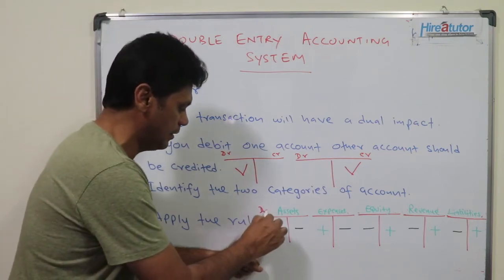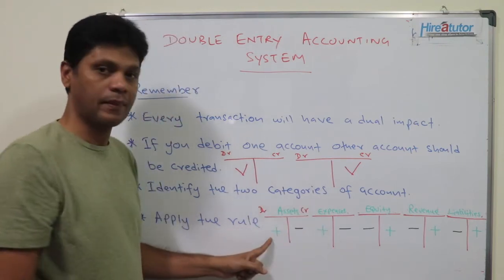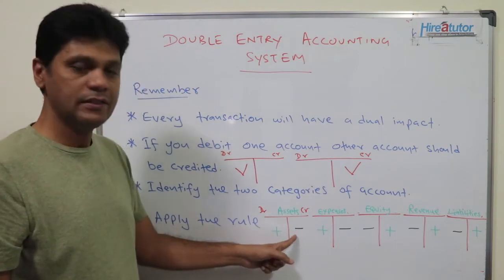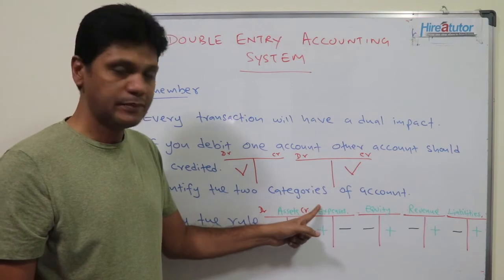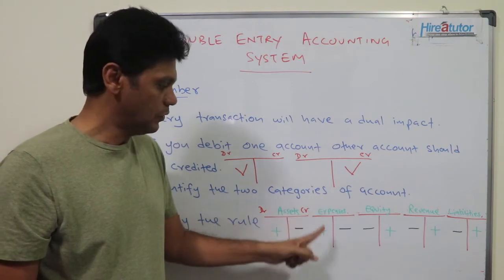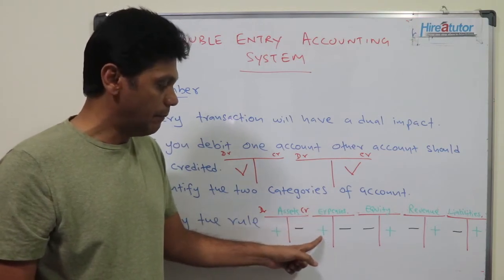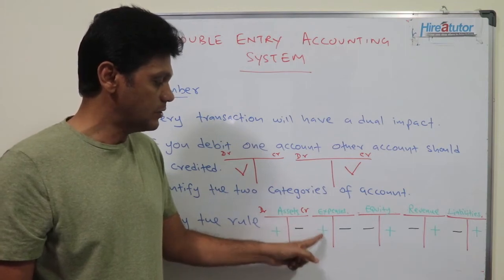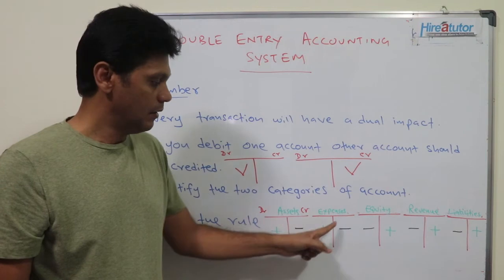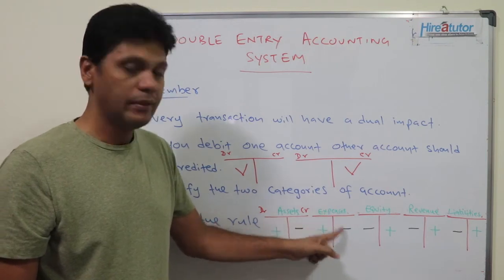So this is debit, this is credit. And decrease in asset should be credited. When it comes to expenses, also you need to debit. Increase in expenses should be debited. Decrease in expenses should be credited.